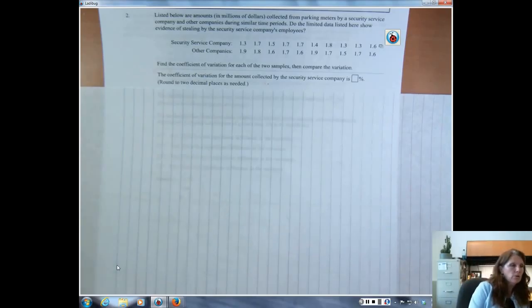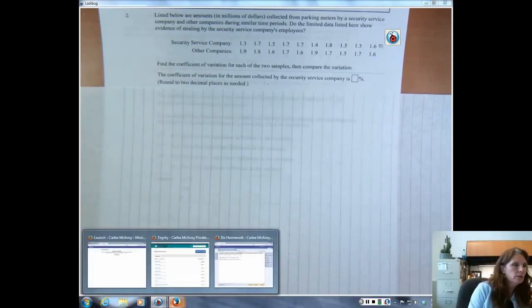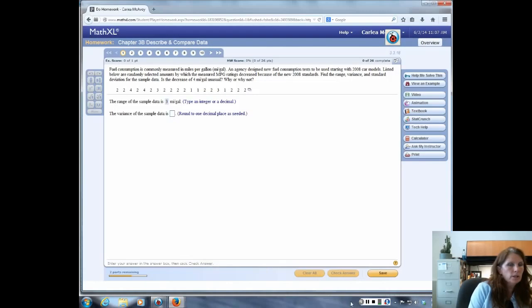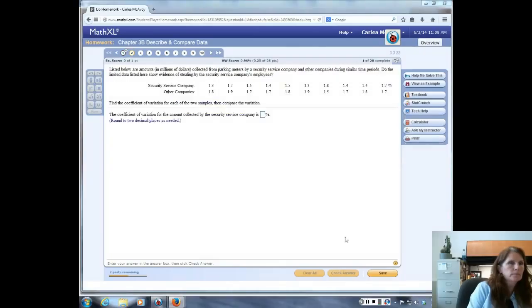Okay, so let's come over here to the computer and take a look for a second. I'm looking up here and I see these values and I think they are the same. No, they're not the same as mine, but anyways. The coefficient of variation is a very simple formula.